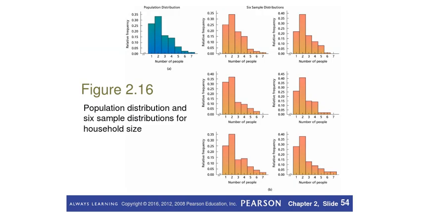Here's an example of a population distribution and 6 samples. Here's the population, and here's what that population distribution looks like. If we were to look at the sample distributions, sometimes there are slightly different frequencies, but you look at that shape, and very often the shape of your sample distributions overall seems to reflect the population distribution.